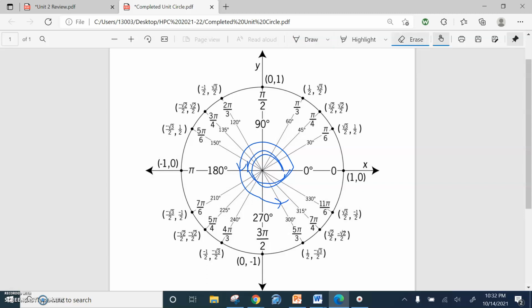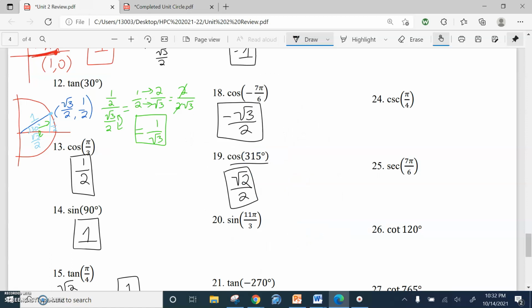I need to erase that extra stint there. That 11 pi over 3 is in the fourth quadrant, and the reference angle is pi over 3. So as we look at that, this is my reference angle, and question 20, I believe, yes, is looking for sine.